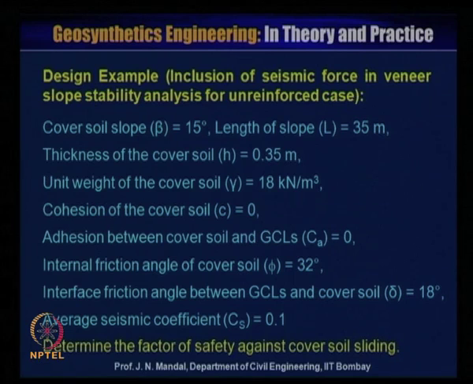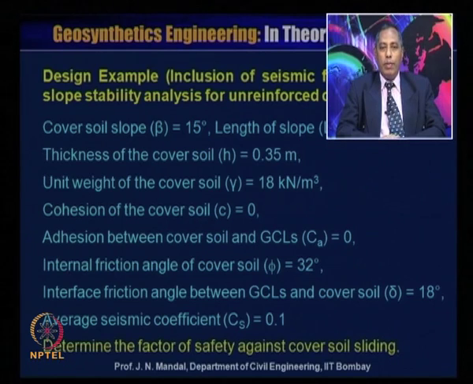Cover soil slope beta is equal to 15 degree, length of the slope L is equal to 30 meter, and thickness of the cover soil H is equal to 0.35 meter. Unit weight of cover soil gamma is 18 kilonewton per meter cube. Cohesion of the cover soil C is equal to 0. Adhesion between cover soil and the geosynthetic clay liner or geomembrane Ca is equal to 0.